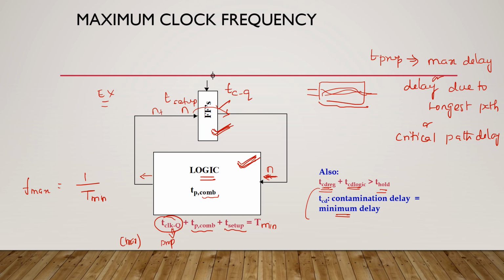So this data must be stable only for the hold time, and this hold time should be less than the total delay. Otherwise, the nth data and the n plus 1 data will collide with each other. So the hold requirement is that the hold time should be less than the contamination delay of the register plus the contamination delay of the logic.